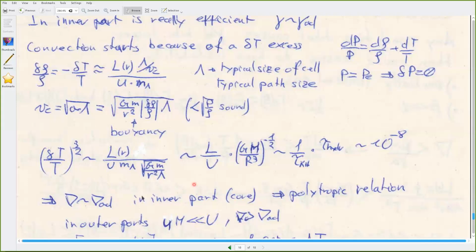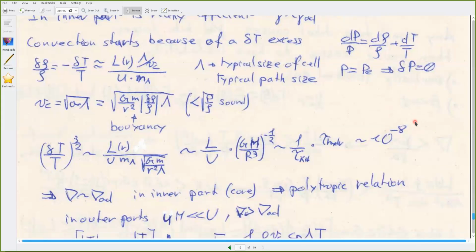This is true for the inner part, for the core. That means if it is essentially adiabatic, there is a polytropic relation, because the relation between pressure and density can be seen as the one for the adiabatic. It means that the pressure can be seen as only depending on the density.